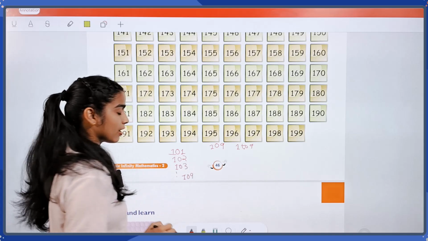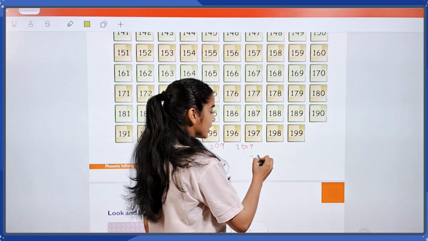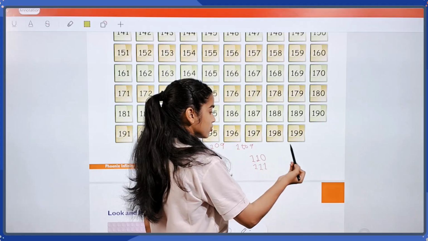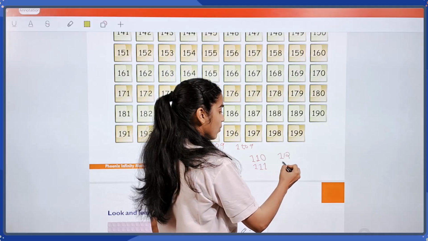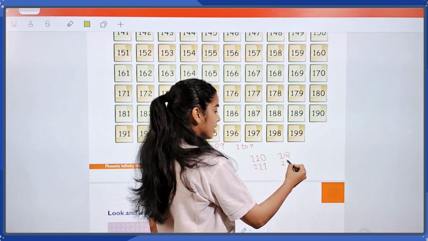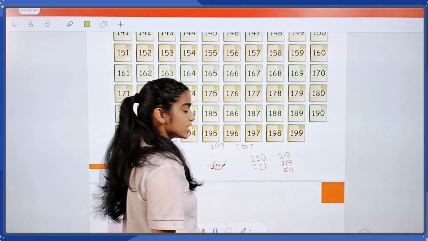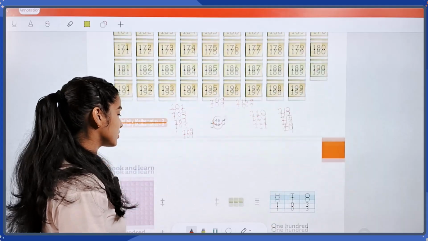After 9, you have a two-digit number, so you simply say 110, 111. You just write 1, and after 11 you have 12, after 12 you have 13, after 13 you have 14. In the same way you can start your counting from 11 to 99, and here is your counting.